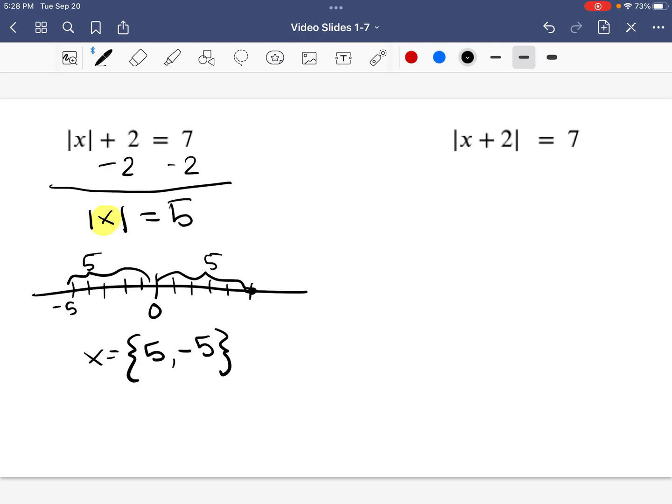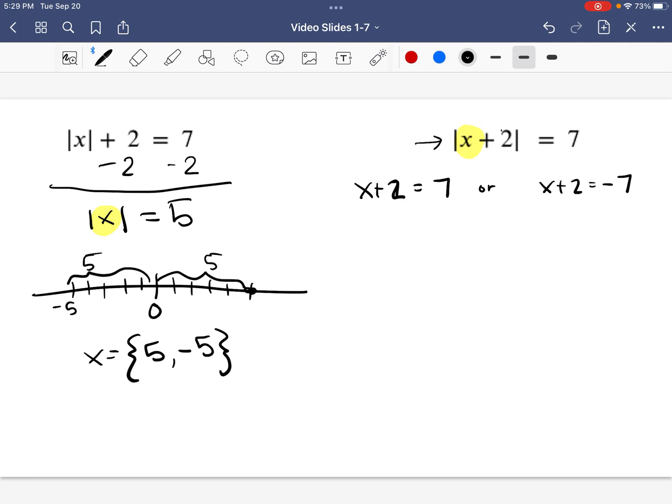But what do I do if I have something like this, where there is a number being added to x inside the absolute value? Well, I don't know what x is, but I know when I add x plus 2 together, either x plus 2 added up to 7, or x plus 2 added up to negative 7, and then I took the absolute value.